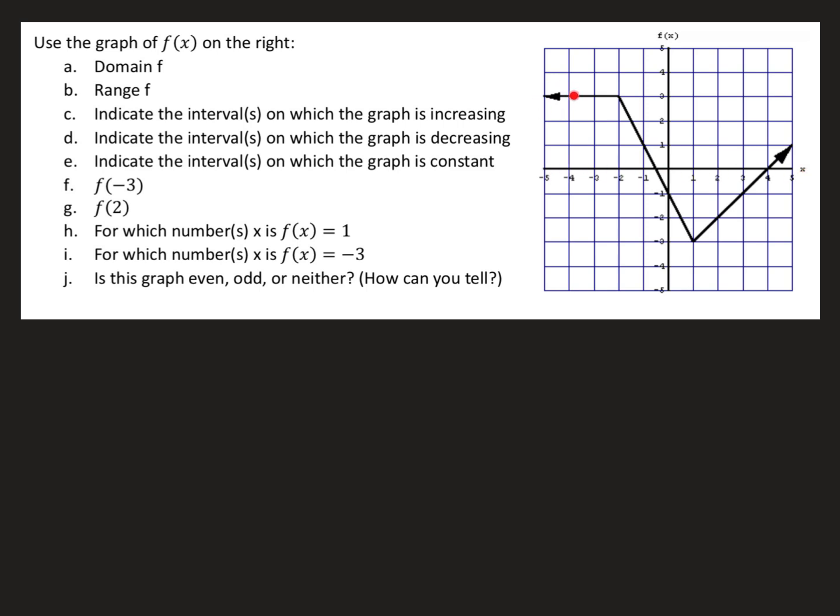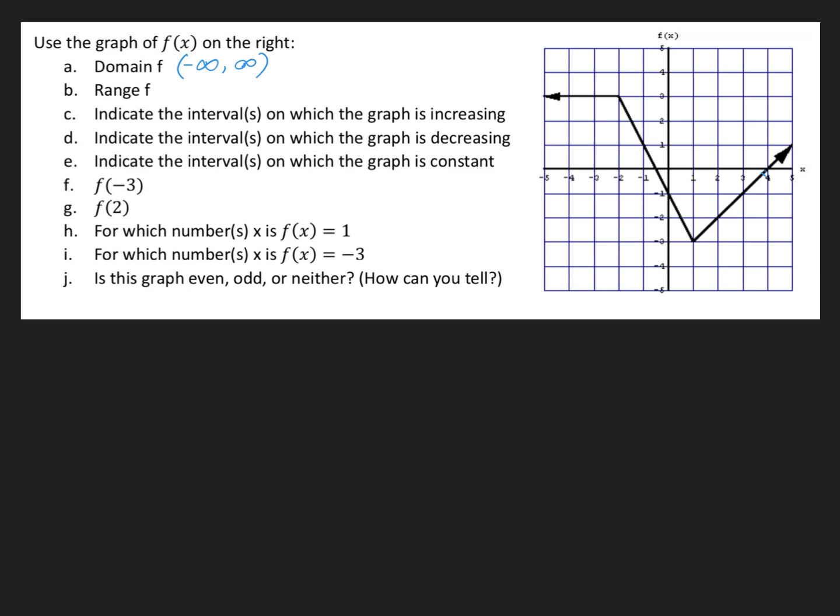This arrow is pointing completely left forever, so we know the domain here will start at negative infinity, and this arrow on the right side of the graph goes right forever. So it will go all the way over to positive infinity.